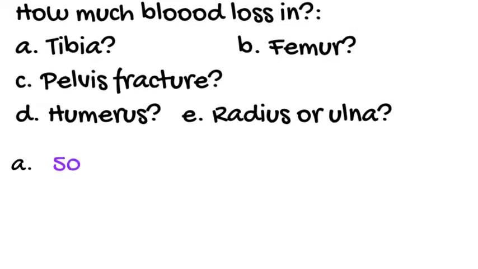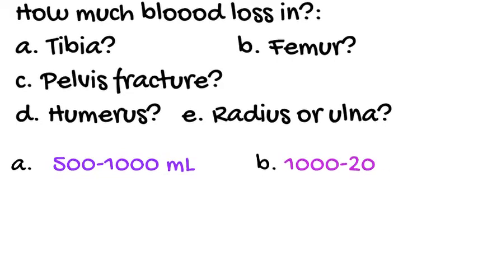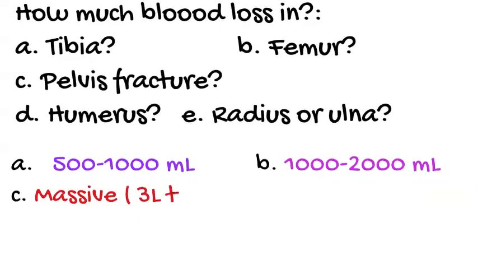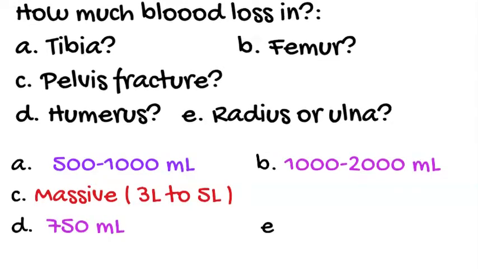For A. Tibia fracture, the estimated blood loss is around 500 to 1000 ml. For B. Femur fracture, the estimated blood loss is around 1000 to 2000 ml. For C. Pelvic fracture, the estimated blood loss is massive. You need to aggressively resuscitate this patient.